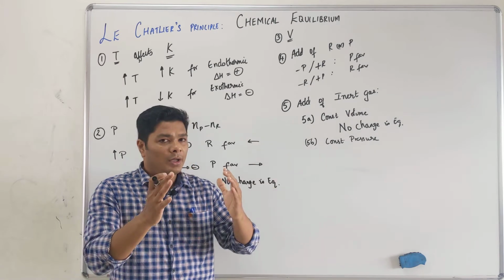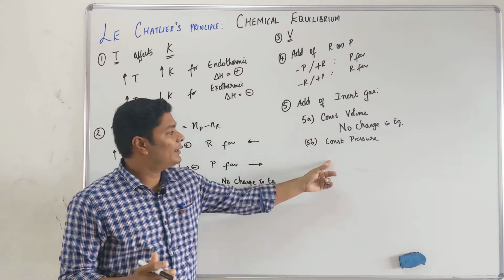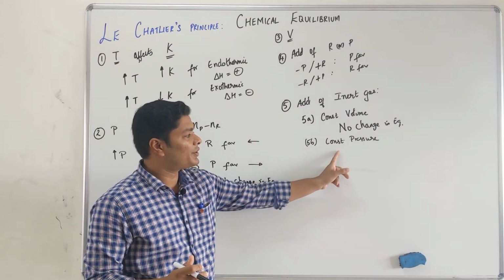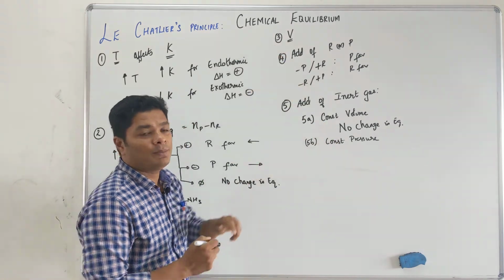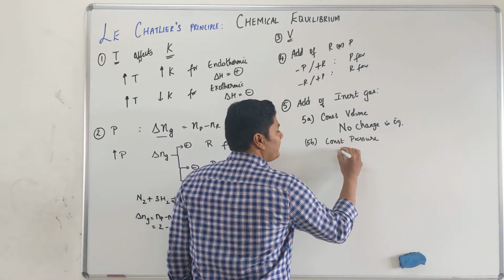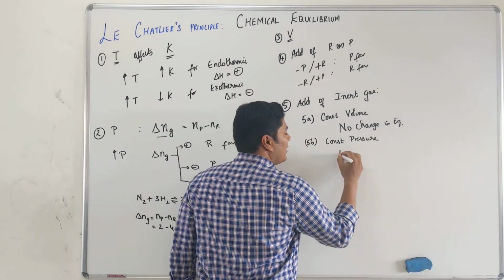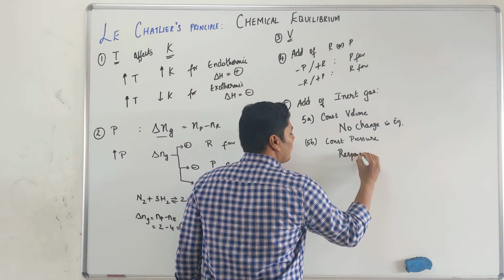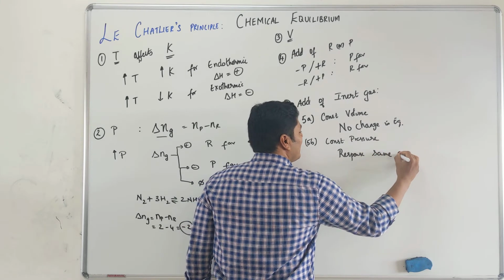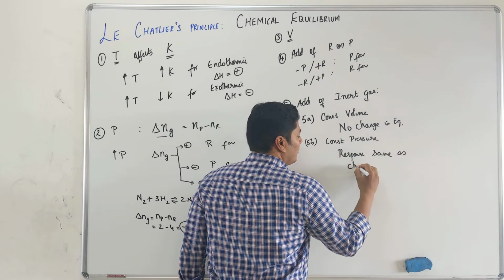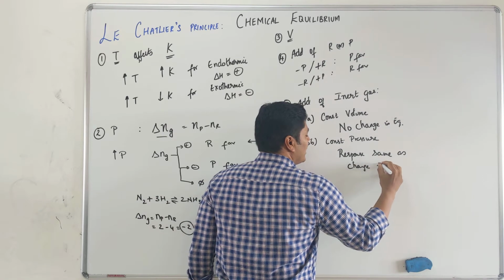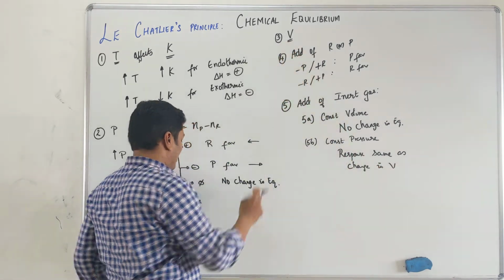So if it expands, the change because of constant pressure is exactly the same as a change in volume. Or rather, the correct word is perhaps response. The response will be the same as a change in volume, exactly the opposite of this.